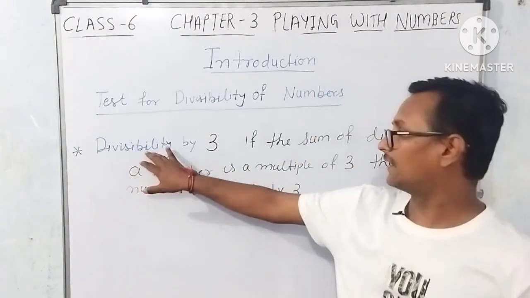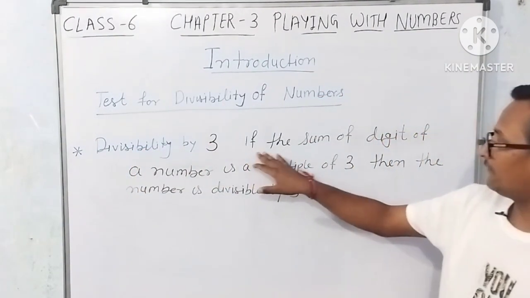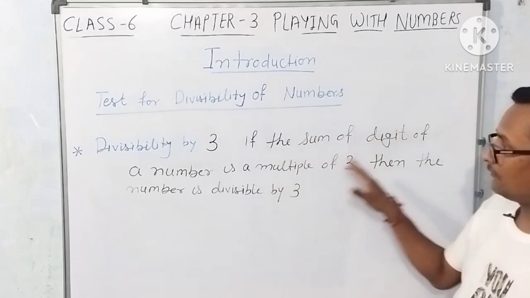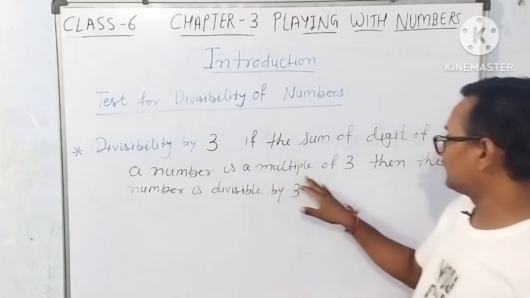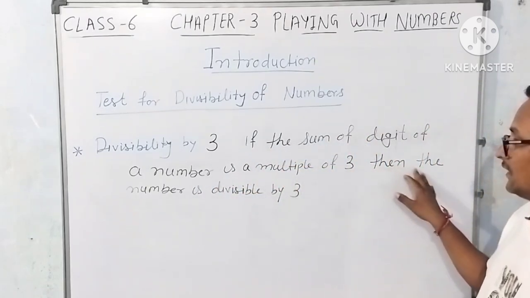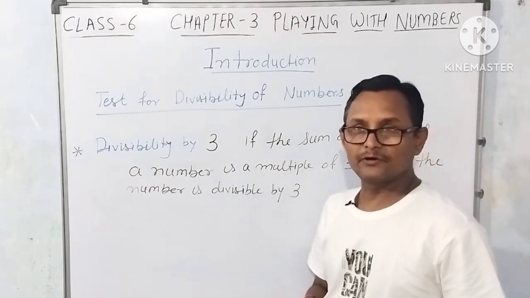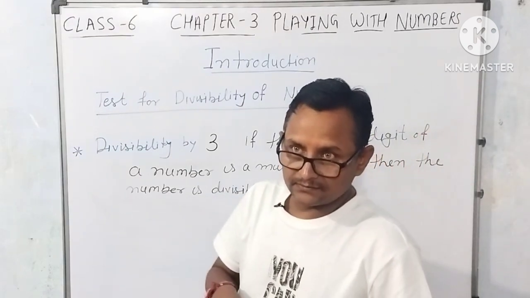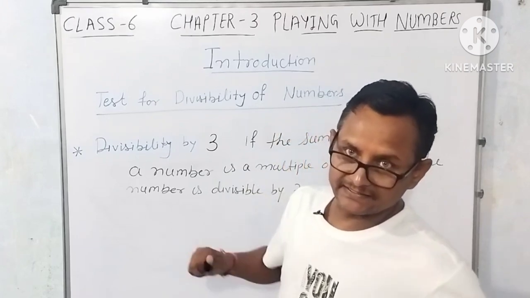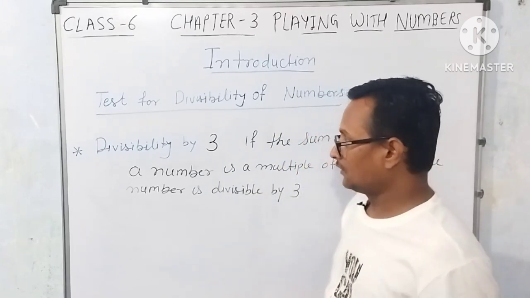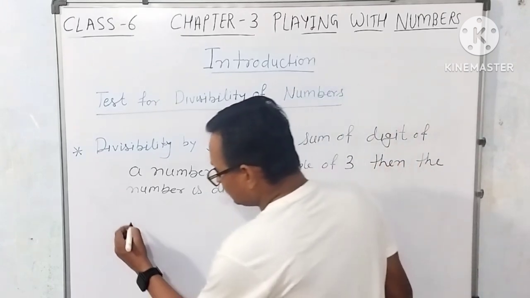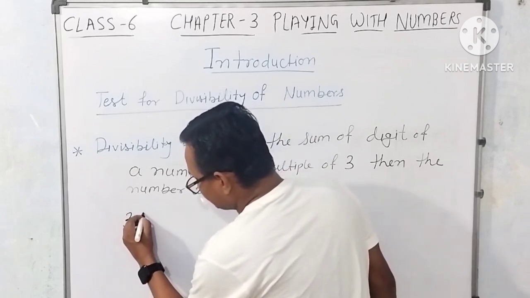Now divisibility by 3. If the sum of the digits of a number is a multiple of 3, then the number is divisible by 3. Friends, now we have to add the digits, then check whether it is a multiple of 3 or not. For example, 36.